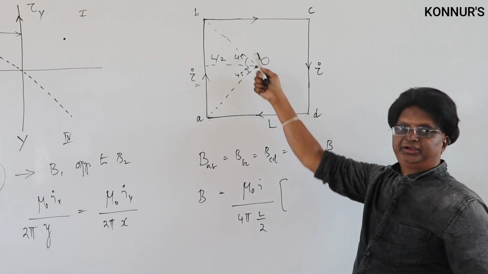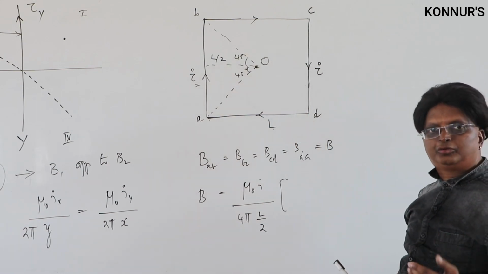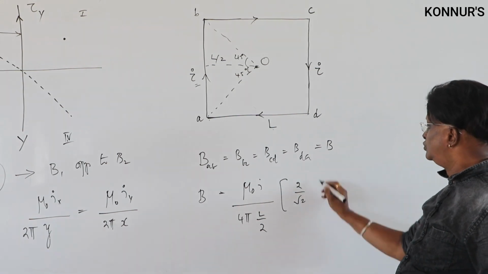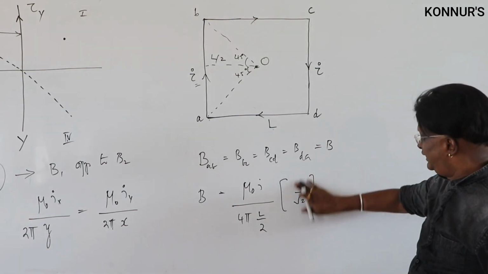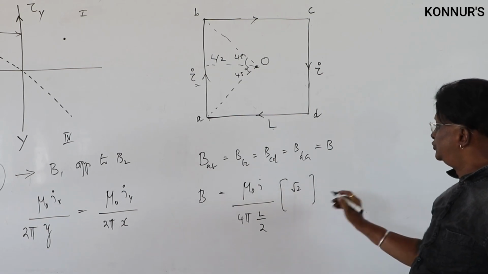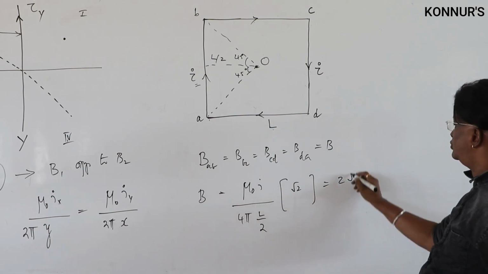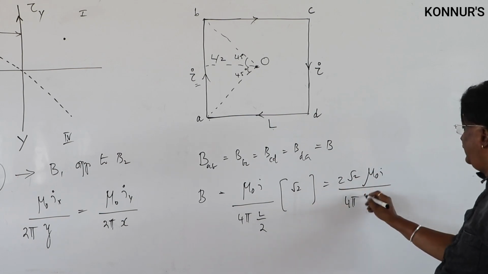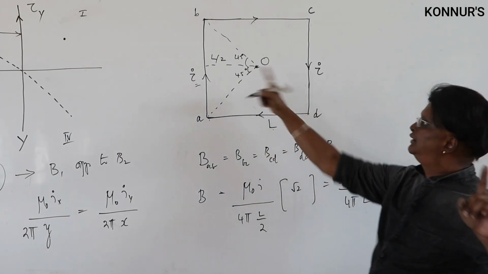What do you observe? Sin 45 plus sin 45, 1 by root 2 plus 1 by root 2, which is 2 by root 2, which is nothing but root 2. So this is 2 root 2 mu naught I by 4 pi L due to a single side.